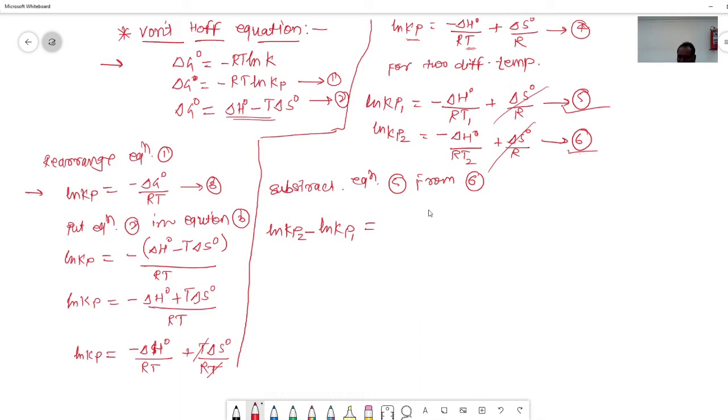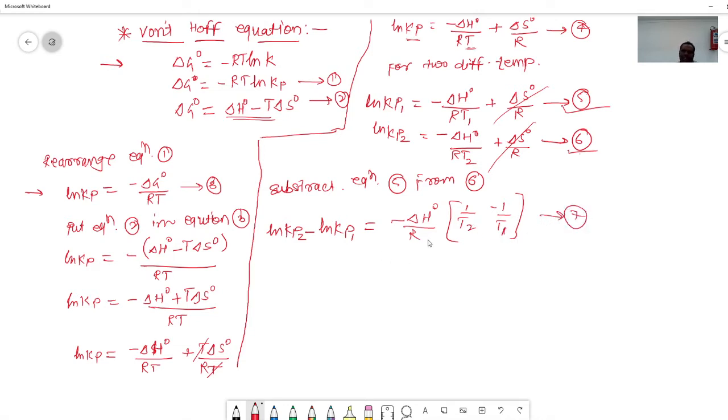What will remain? Minus delta H0 divided by R into 1 upon T2 minus 1 upon T1. Suppose this is equation number 7.